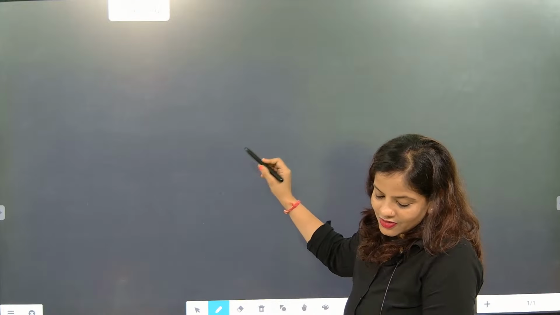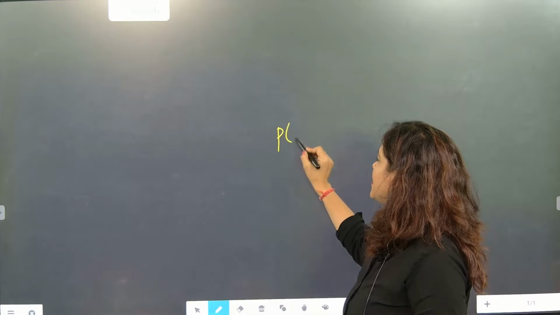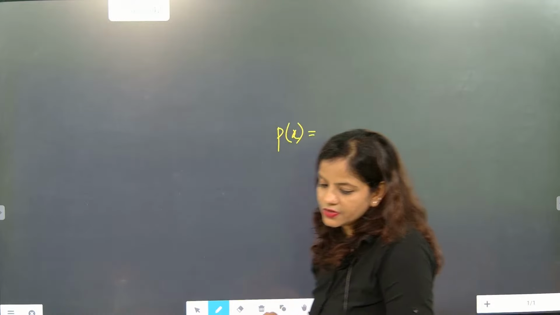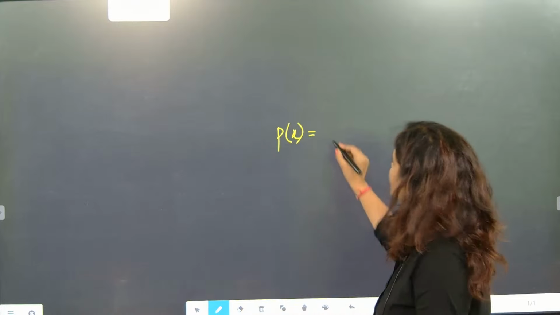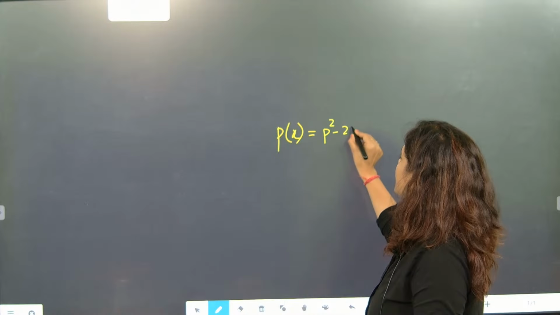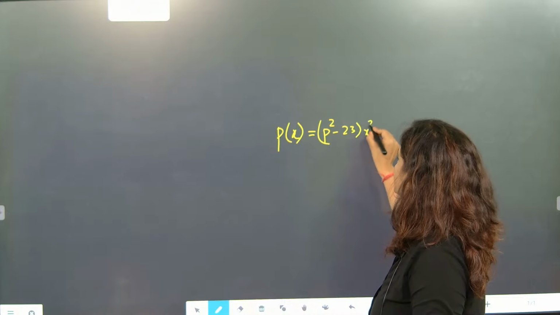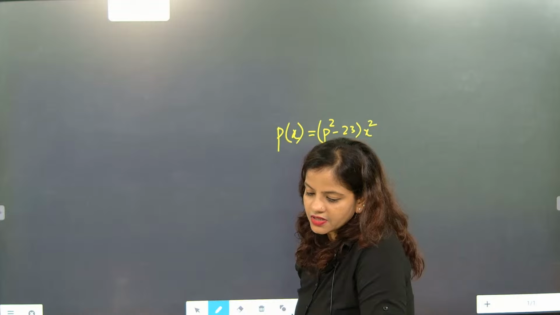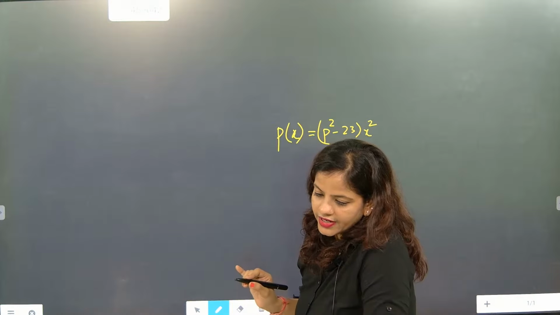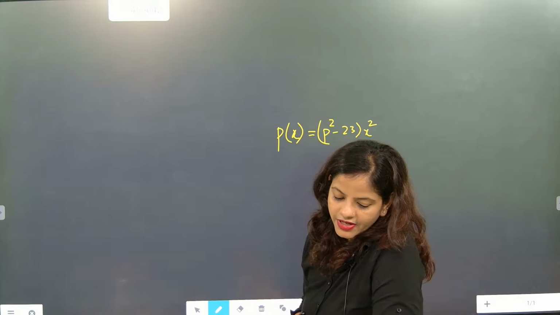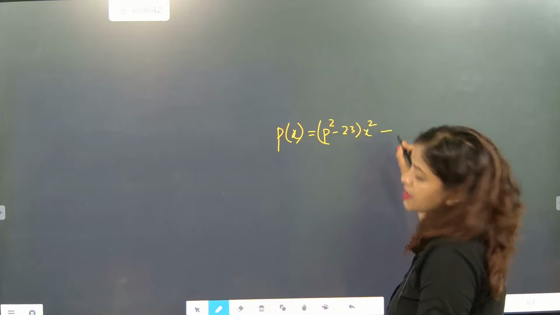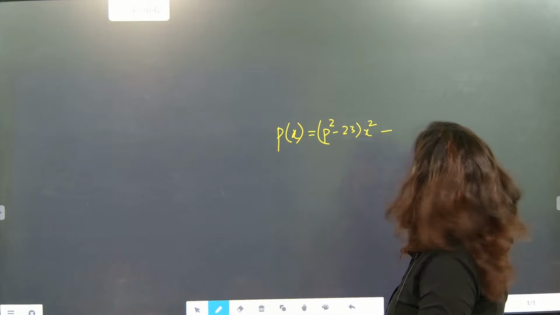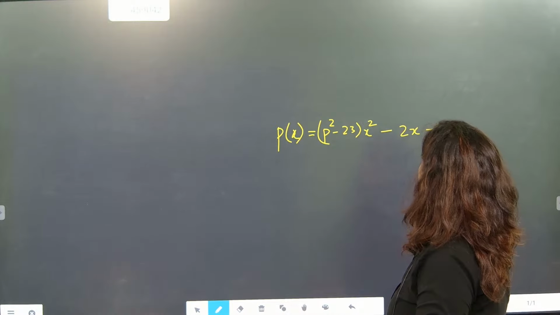Come on, we'll solve this question. Write this question down. P of x is equal to p square minus 23x square minus 2x minus 12.